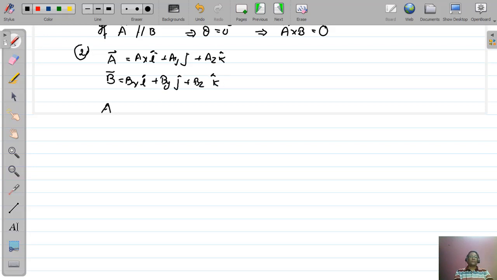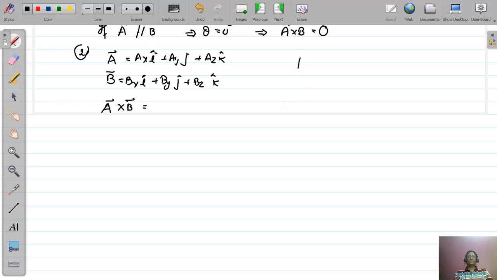Then to find A cross B, when we take the cross product of two vectors, we again get 9 terms as in the case of dot product. 3 terms will be i cross i, j cross j, k cross k. And 6 terms will have different unit vectors, say i cross j, j cross k, k cross i, and so on.